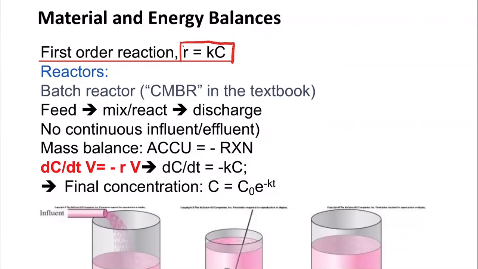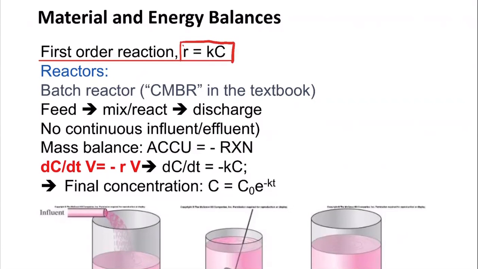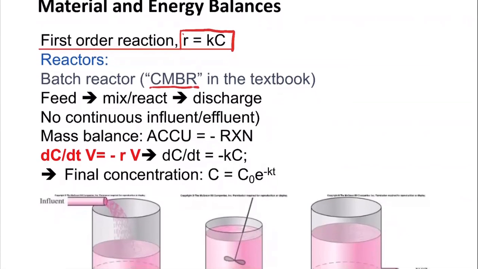So the batch reactor, as I said, is also called the CMBR, the continuously mixed batch reactor in the textbook. What happens for the batch reactor is that, as the name suggests, all the reaction happens in batches, right? So you can imagine there's a reactor that looks like this.